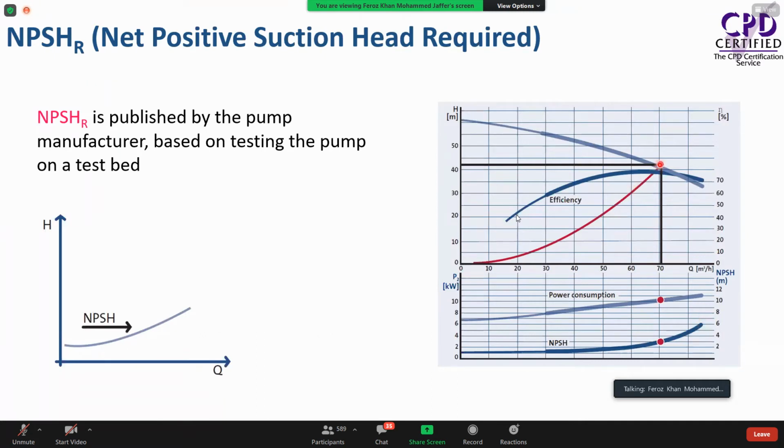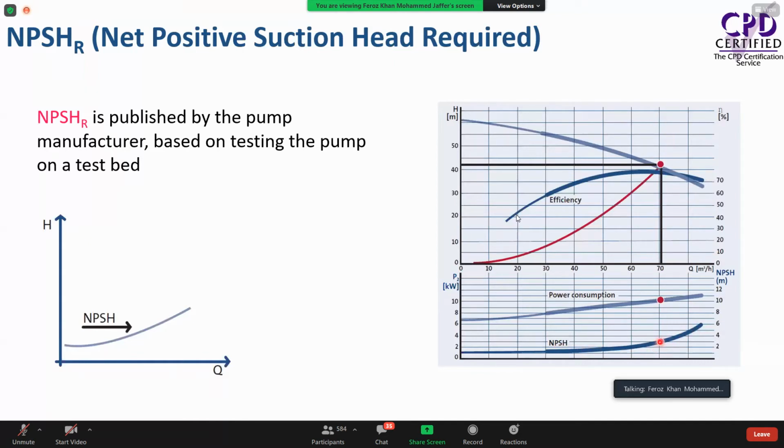If this is our duty point, around 70 meter cube per hour at 42 meters, we can go down and see what NPSH is required by this pump at this duty point. The NPSH also will vary from duty point to duty point.